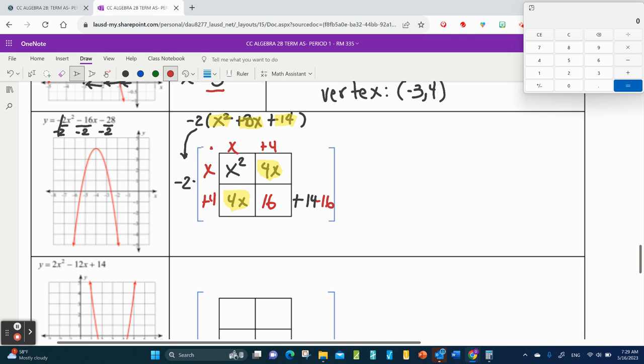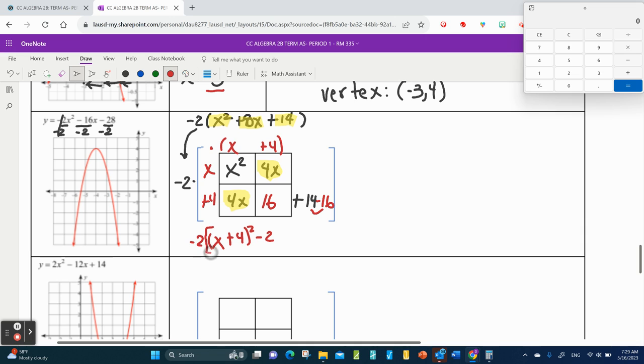Now that I have that, I purposely put parentheses here to remind myself of my next step. And so what that means is that now I'm going to end up with a solution that looks like this. So that will be negative 2, x plus 4, which is squared. And then 14 minus 16 happens to be equal to negative 2.